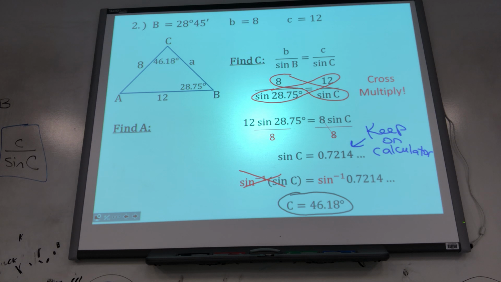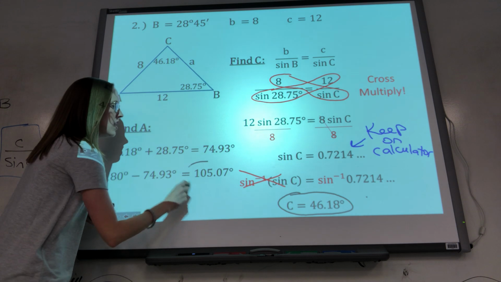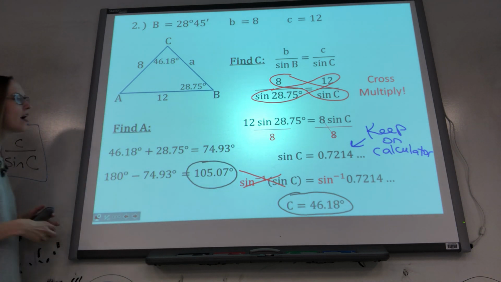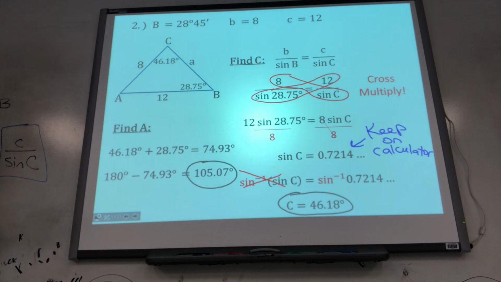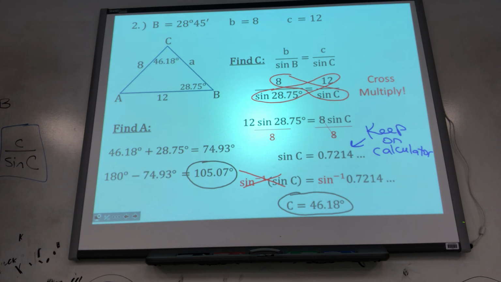So like we did earlier, add the angles up that you know and subtract them from 180. So that is like a 74.93. Take 180 minus that, and you should get approximately a 105.07. And again, that's an angle, so it should be in degrees.